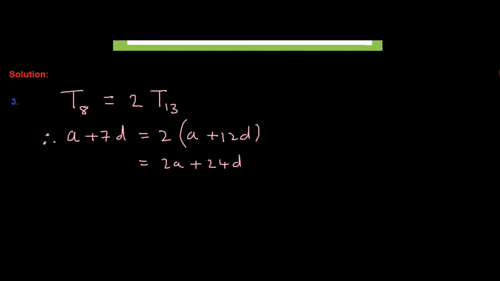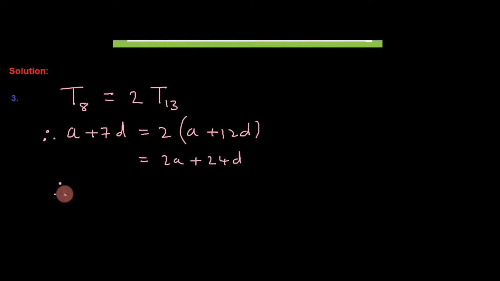And then bringing everything to one side. 2a minus a is a, and 24d minus 7d is 17d. And this equals 0. And we can make a the subject of the formula. So a equals negative 17d. We could call this equation 1.